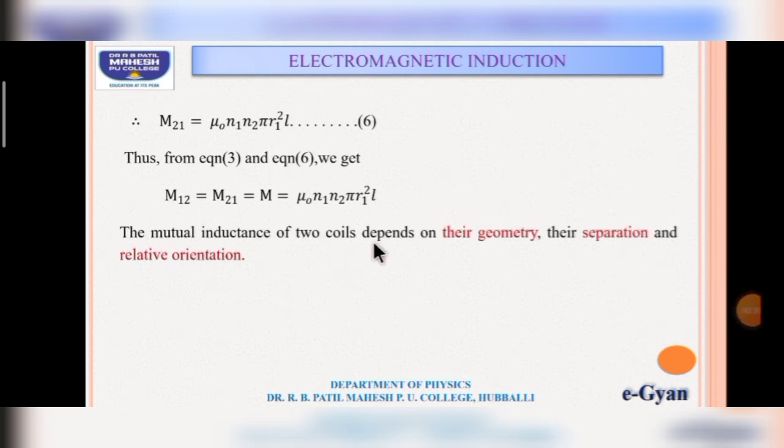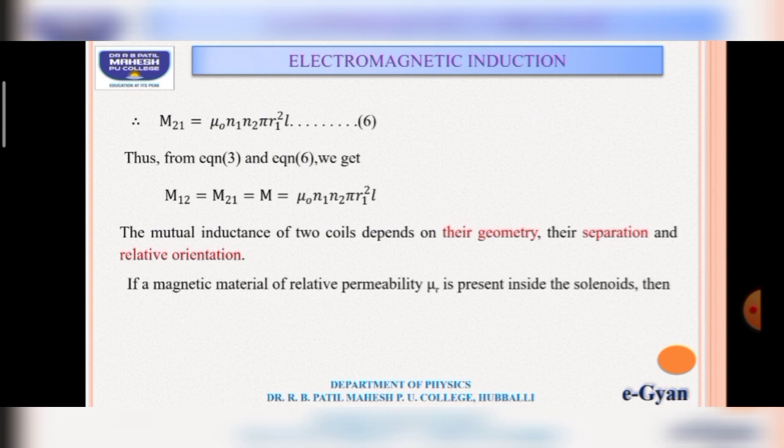The mutual inductance of two coils depends upon their geometry, that is, it depends upon number of turns in coil 1 and 2. It depends upon the area, and it also depends on length. Hence we say that it depends on geometry, and it also depends on separation between the two coils, and also on relative orientation.